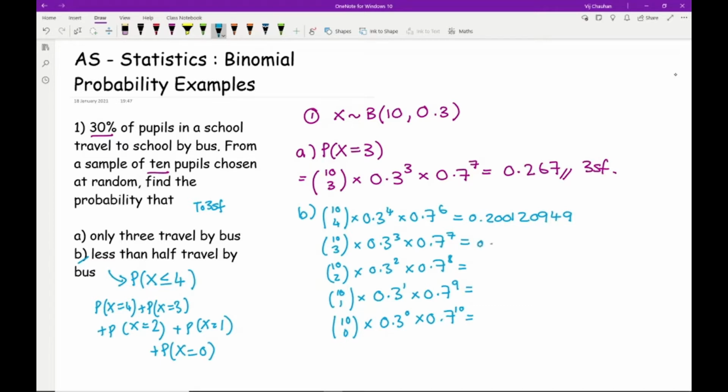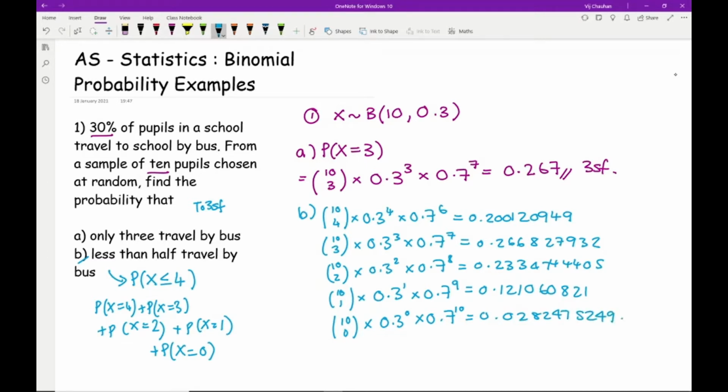So I've got 0.266827932 and so on, down to the final one, 0.02824752449.